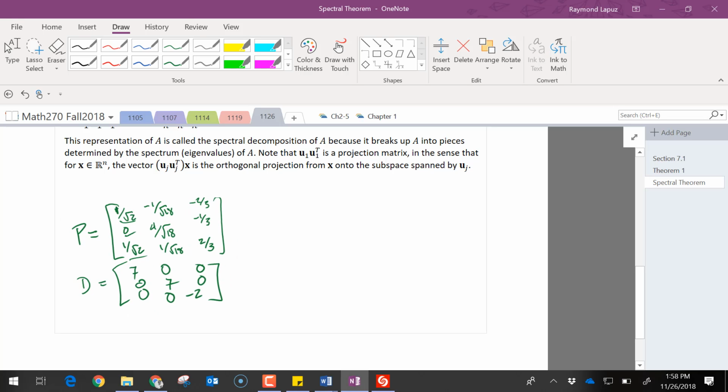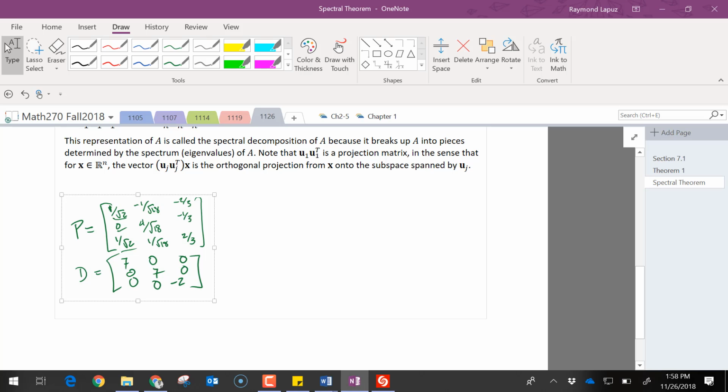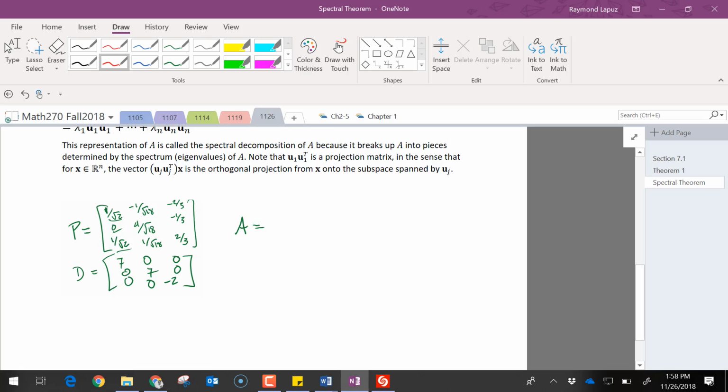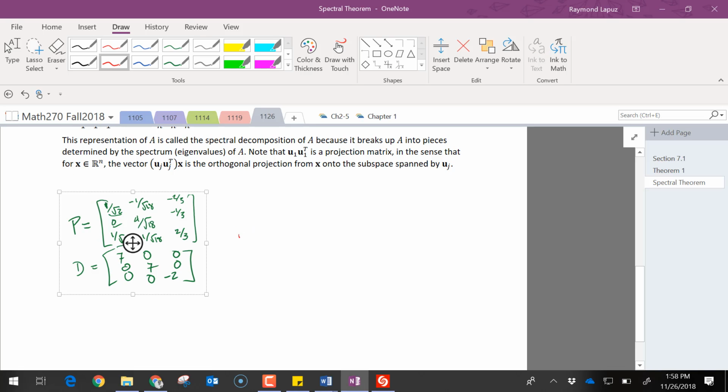So according to our spectral decomposition, A is equal to lambda 1, which is 7, times the first vector here, 1 over root 2, 0, 1 over root 2, times the transpose of that vector, plus 7 times something else, plus negative 2 times something else.